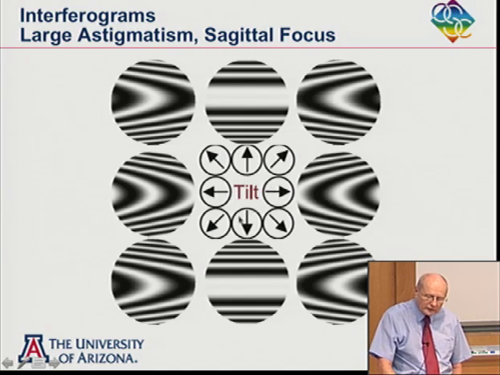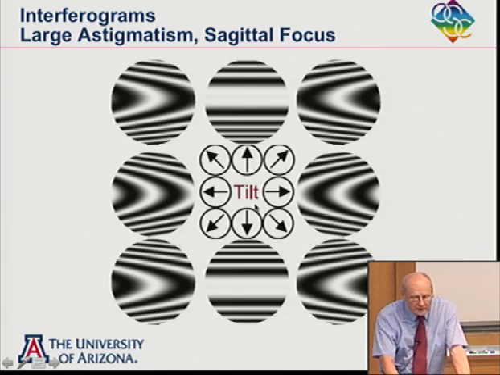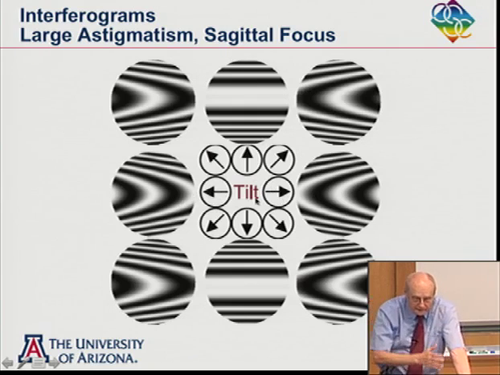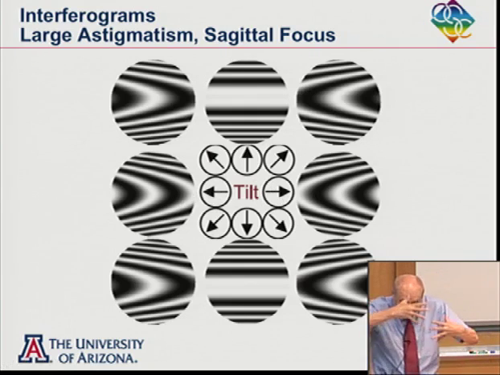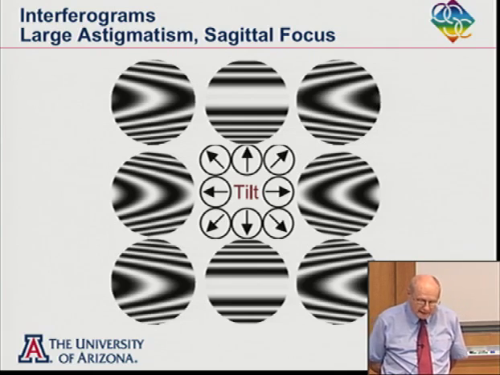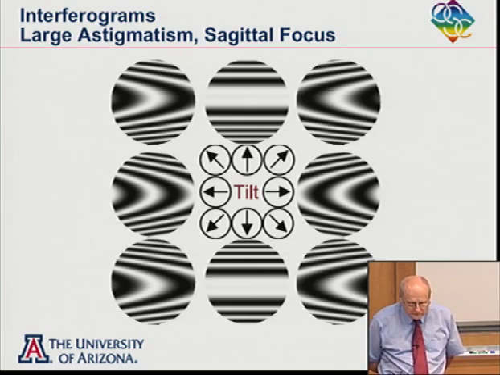If I looked at the one in the middle, which I don't have in here, but we'll see one in a minute, it would kind of look like this, but this wide region would be centered on here. So it's a cylinder, and the wide region is where the two wavefronts match the best they can.